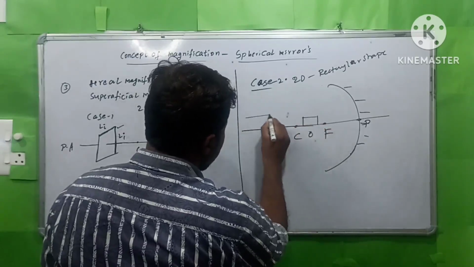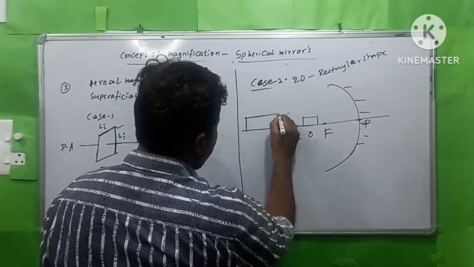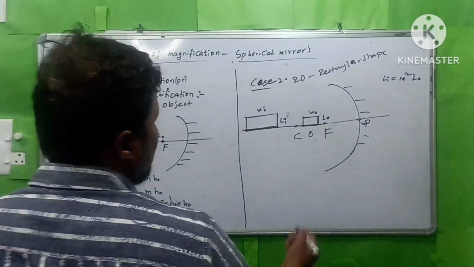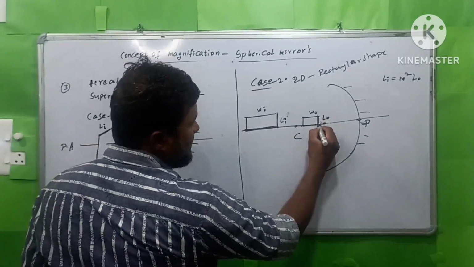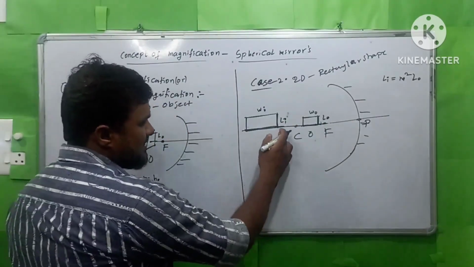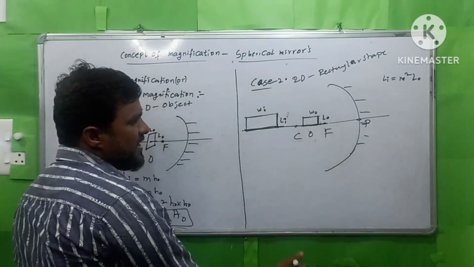Suppose this is the object, this is the image. Length of the object perpendicular to the principal axis, length of the image perpendicular to the principal axis. It resembles, if you remember, transverse magnification.